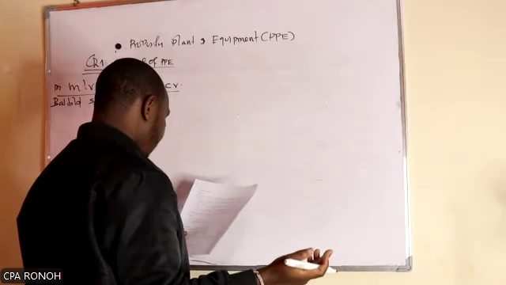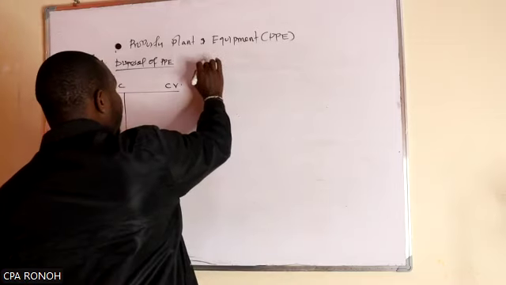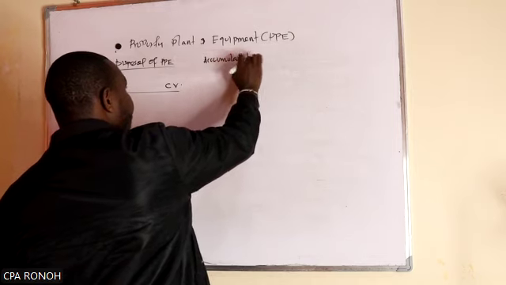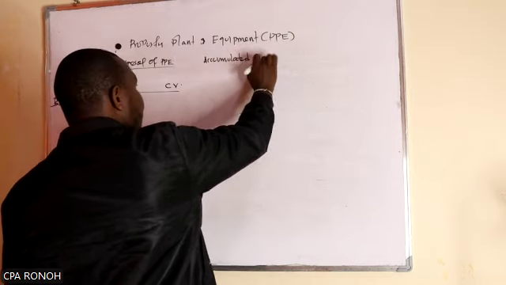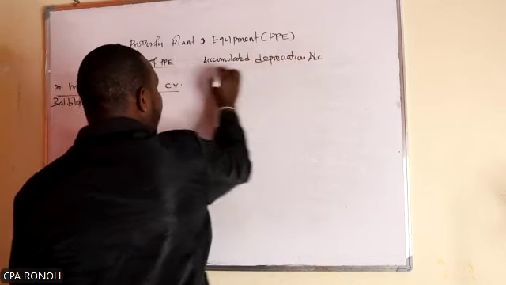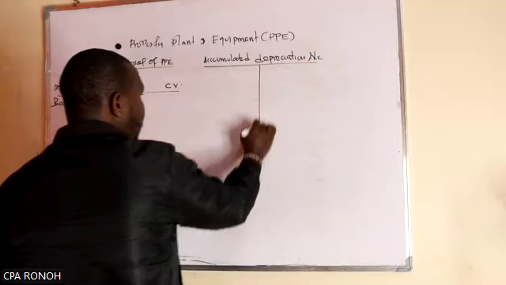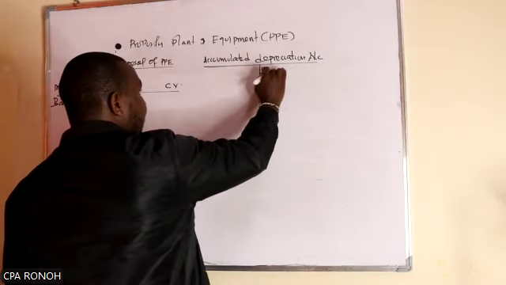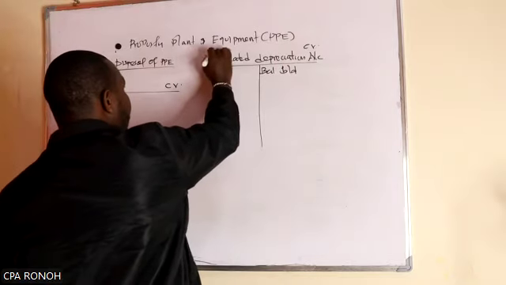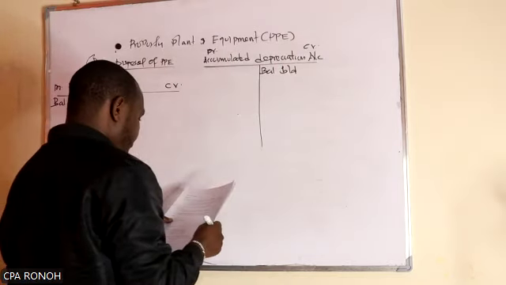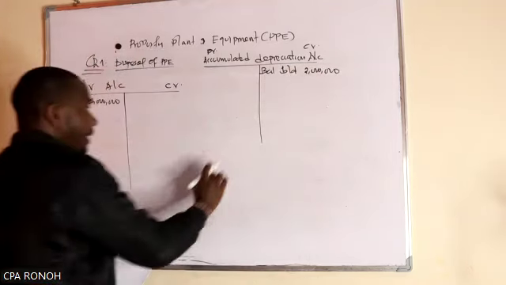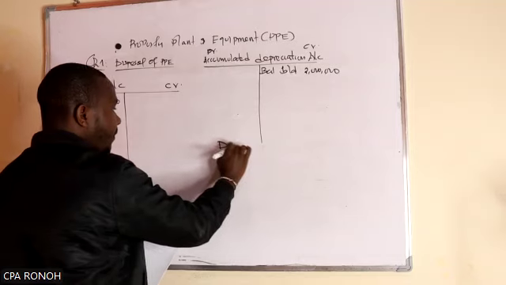The accumulated depreciation account is what we call provision, so you can call it accumulated depreciation as they have called it here. We always take it on the credit side, the balance brought forward. So the balance brought forward is 2 million. And also we can have depreciation for the year.